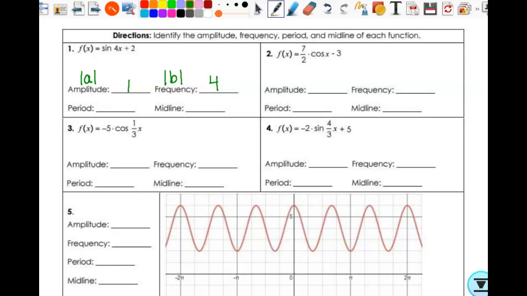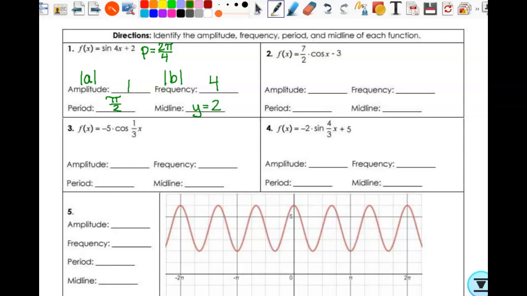It's not 1/4. Yes, x does lie, but the frequency isn't your actual transformation. It just helps you with it, because then the period is 2 pi divided by the absolute value of B. So it's 2 pi over 4. What does that give me? Pi over 2. And then my midline is what? Y equals 2. Good.